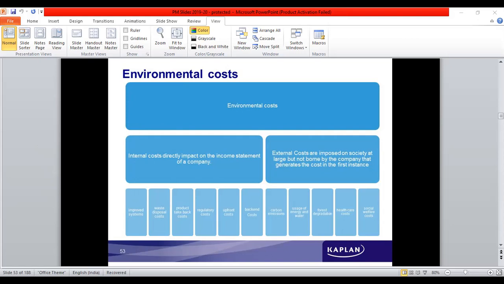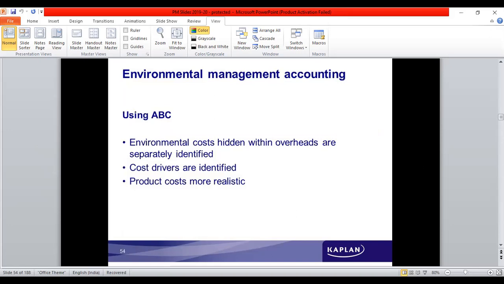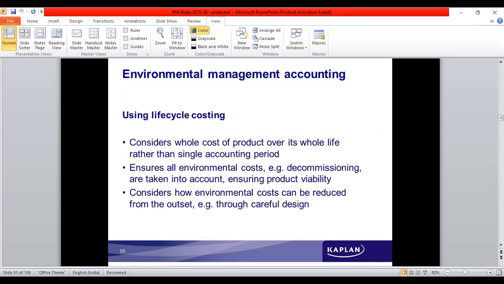If they have to have an improved system, there should be some research and designing cost which have to be spent. So they have to incur costs at the initial stage to see that there is less impact on the environment. The designing cost and development cost have to be incurred.